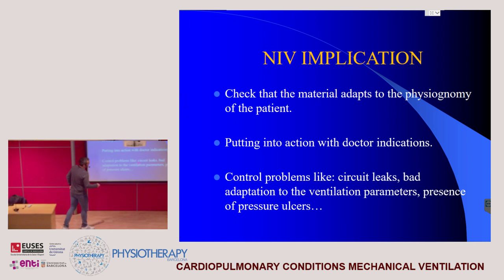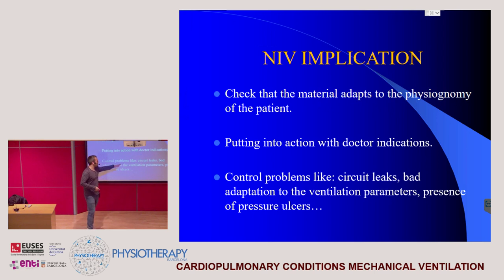For example, circuit leaks. As a closed system, if there are some leaks from the mask, the ventilation unit will think that the patient is performing extra breathing, so it's possible that the ventilation starts to deliver more and more ventilation cycles.